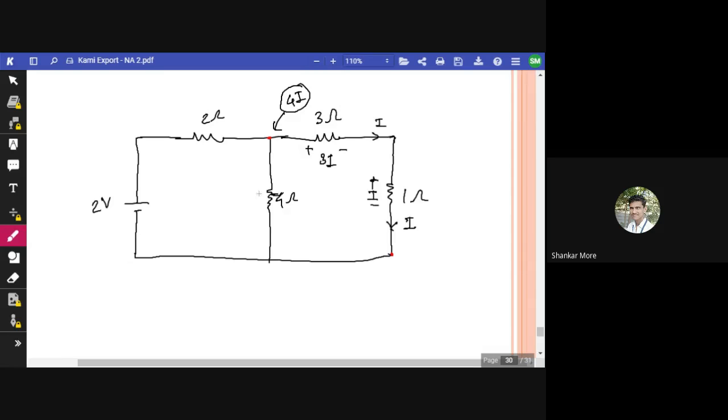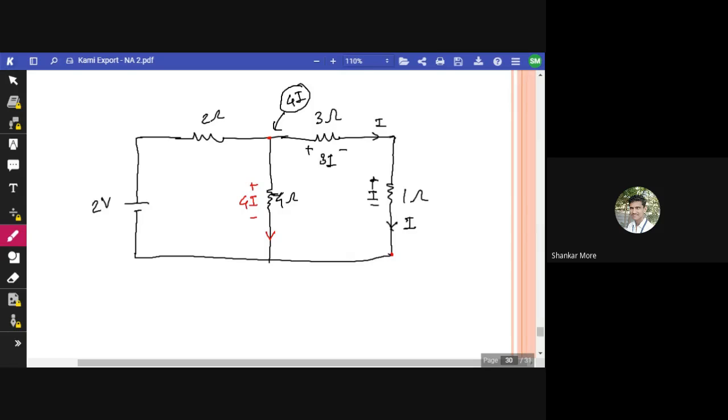So the same voltage should be across this resistance also, right? 4I voltage should be here also. If this is a 4 ohm resistance and 4I voltage is across it, what should be the current flowing through this branch? What can be the value of I flowing through that branch?